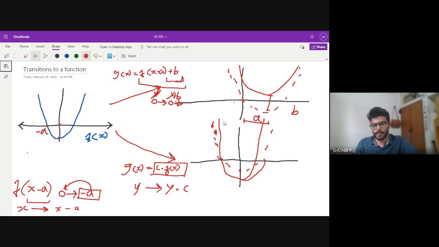All these values would become much more positive, and all these values will become much more negative, and here it won't change. So it will actually elongate the function on the y-axis. Yeah, I think this is correct, and I messed up before.